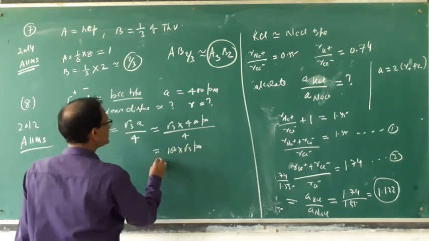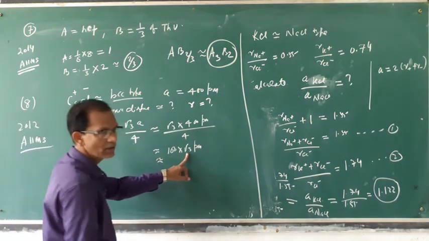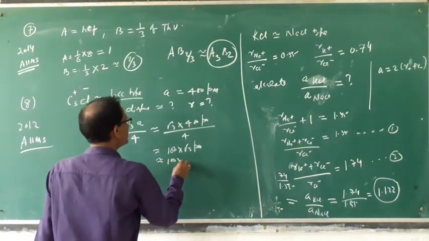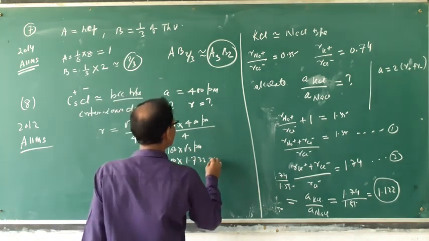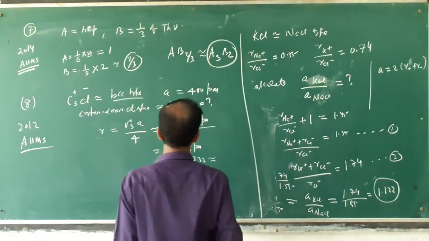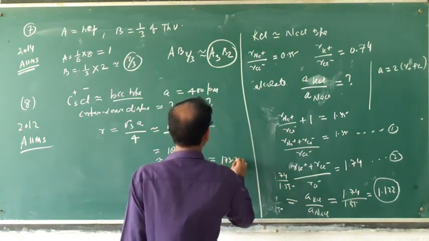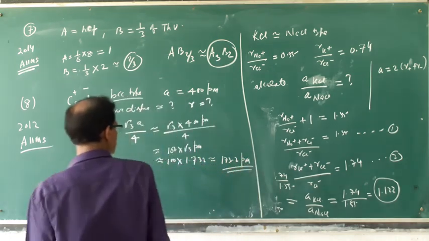If you want to convert it, root 3 is 1.732. 100 into 1.732. The answer will be 173.2 picometer. This is the radius.